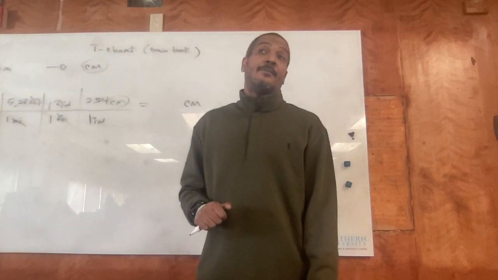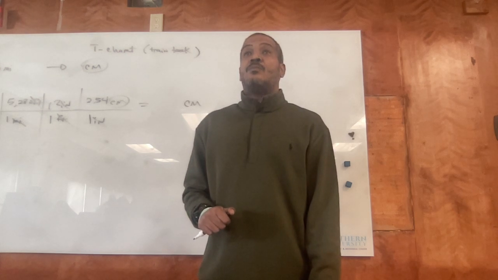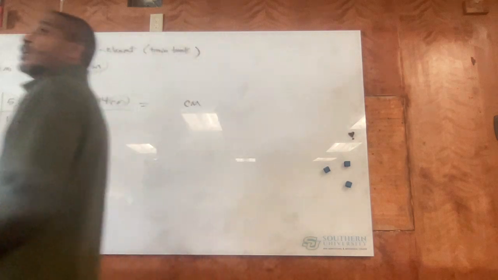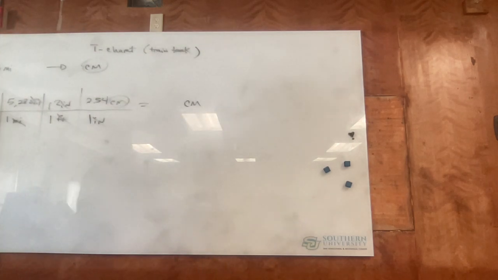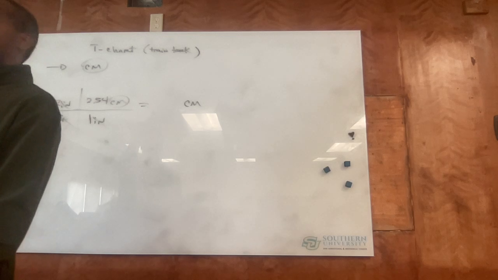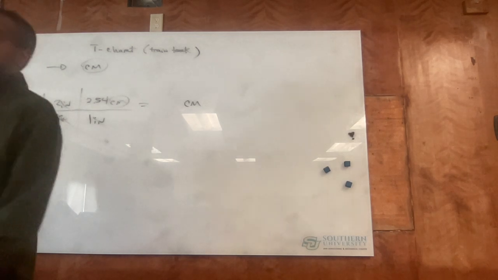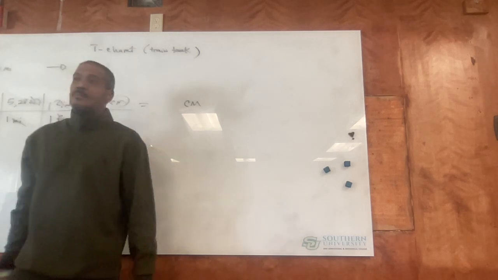How do you do what? Mode. You don't see a button that says mode? Hit the mode. Then what do you see? A bunch of words come up on the screen? It should be one that says science, normal, and engineering. Put it on science. Push this one.